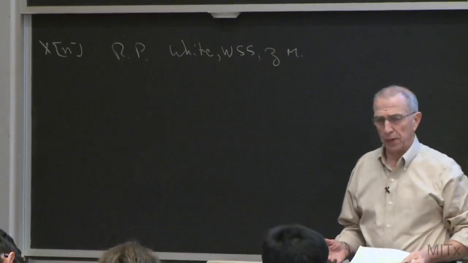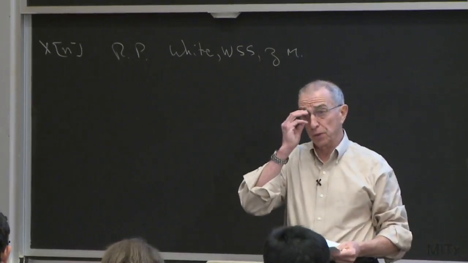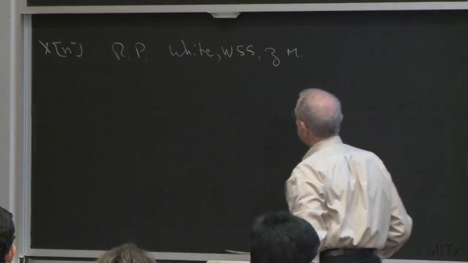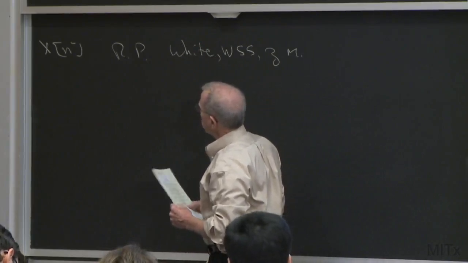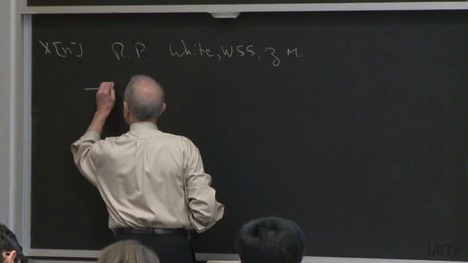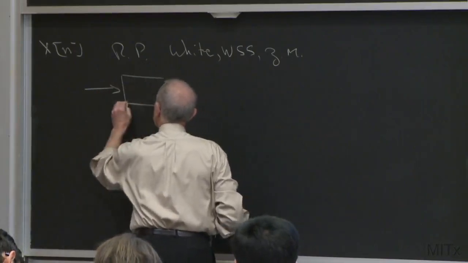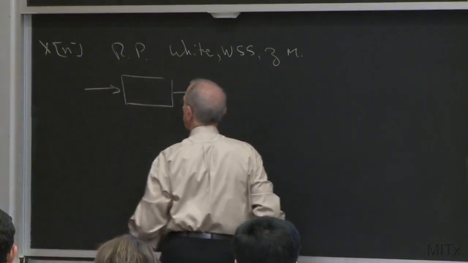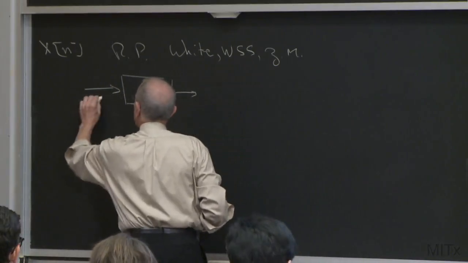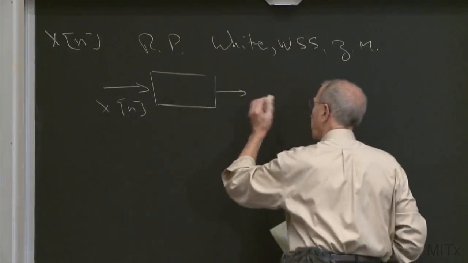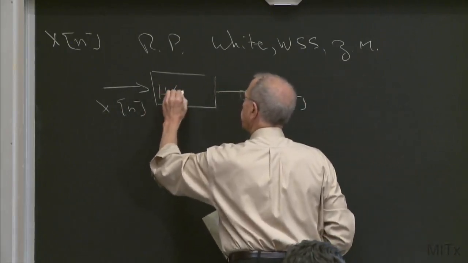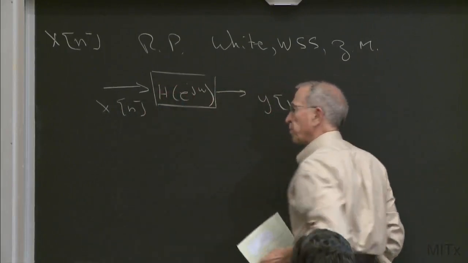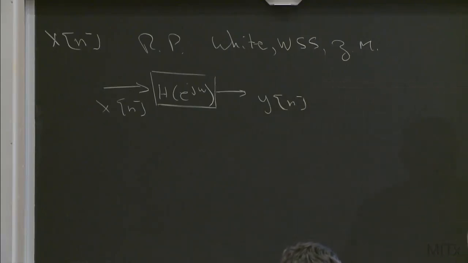Taking into account a non-zero mean is straightforward enough to do, but this is the class of signals that we'll be talking about, and we'll also be talking about putting x of n, or putting a random process through an LTI system with some specified frequency response.